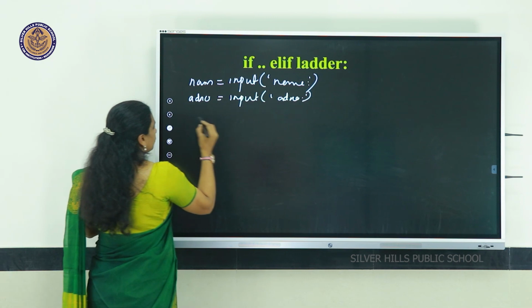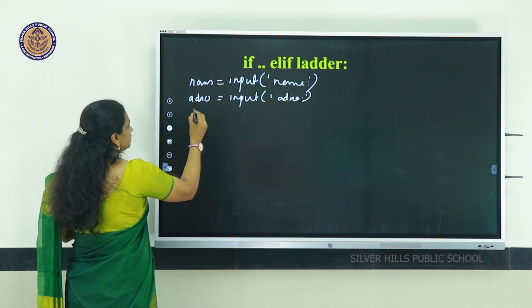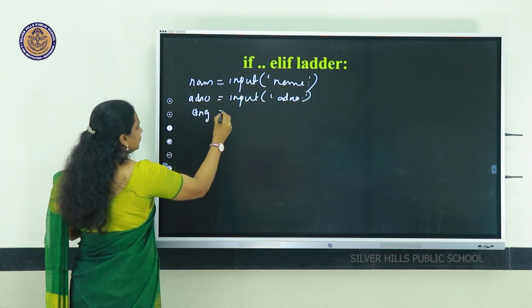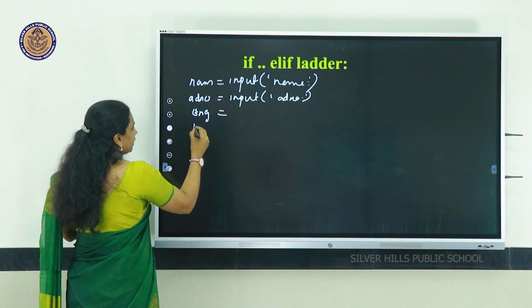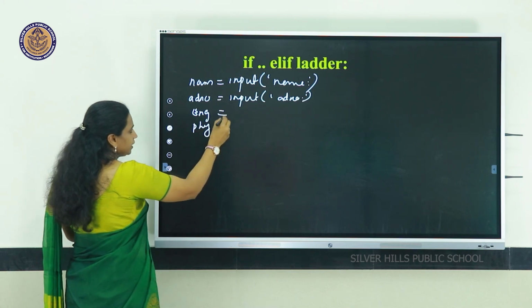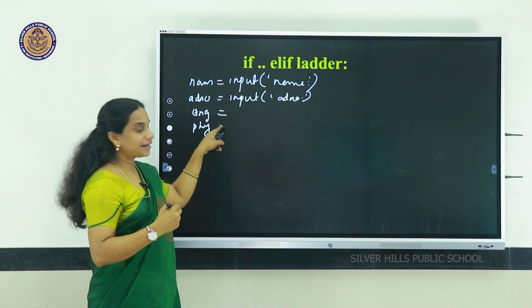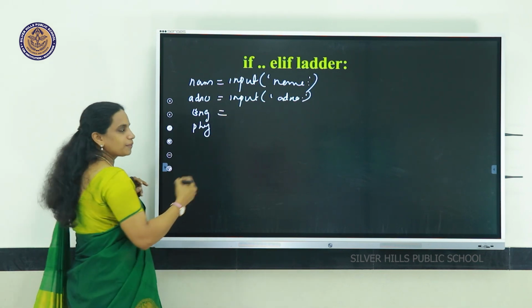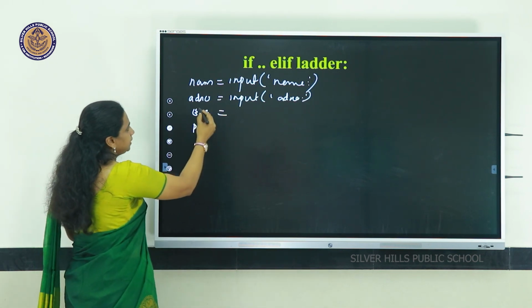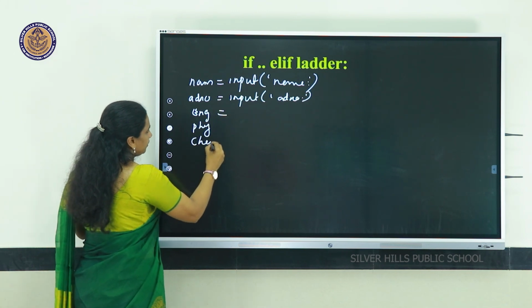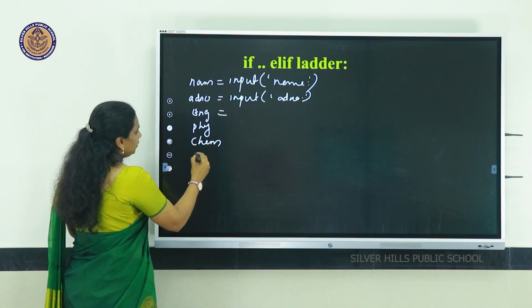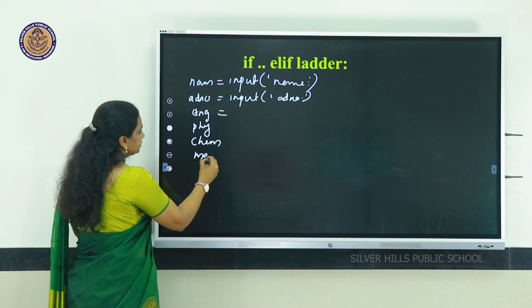Okay, then you can ask what is the mark scored in English, you know how to write it. I am calculating this based on your midterm examination. Since you are plus one students, English, physics, then you can have chemistry, then the next subject, what is it? Maths.